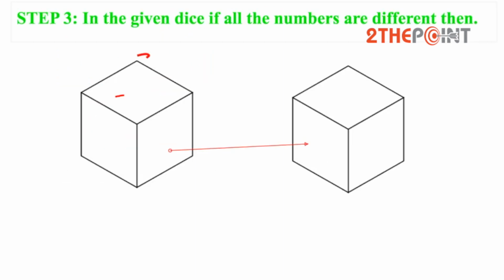Suppose all the numbers in the given dice are different, then step 1 and step 2 don't satisfy the condition. Therefore we have a simple trick in step 3 which you have to follow so that finding the opposite face is easier. You know the top face, front face and side face of a dice.